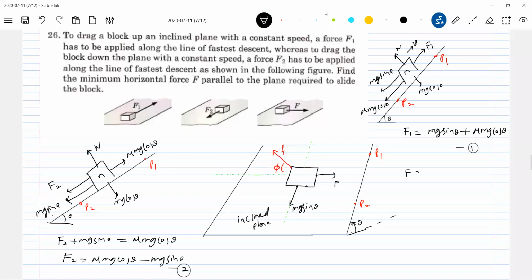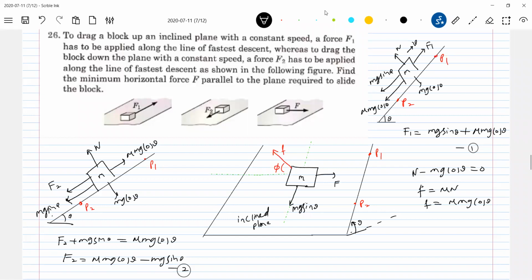First we'll go for the friction force. How to calculate it here? Again, friction depends on normal contact. I am unable to show all the other forces here. So N equals mg cos theta in this problem also. Therefore, the friction is mu N equal to mu mg cos theta.